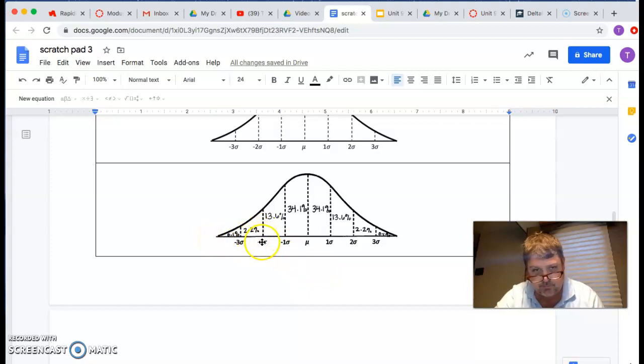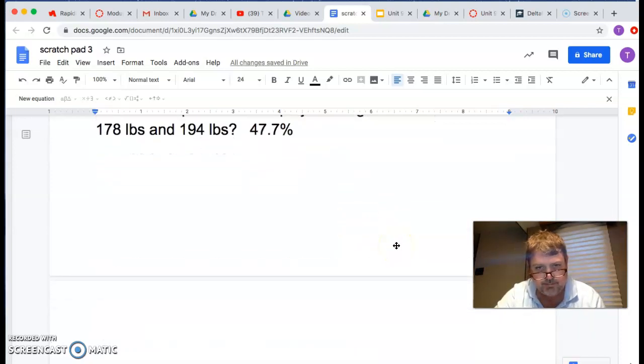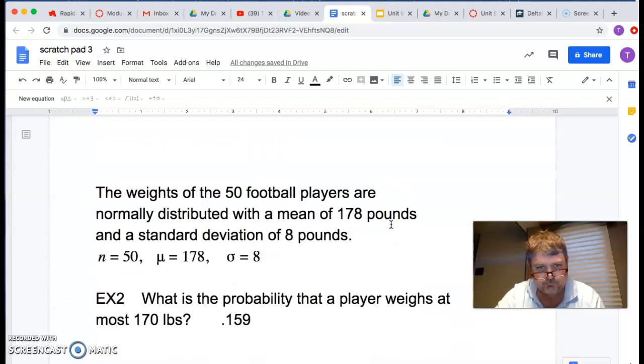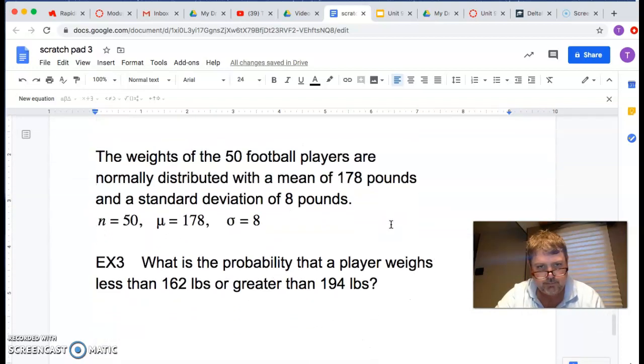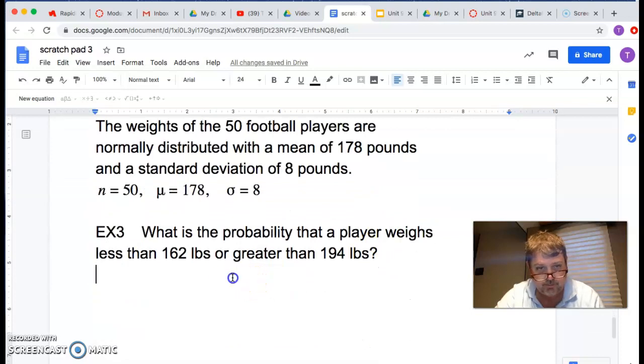Those are my 2 points. So what's this sum to? 2.3 plus 2.3, so it'd be 4.6. And to answer that question, again, they're putting it in terms of probability, so I would say 0.046. That would be the probability that the player weighs less than 162 or greater than 194.